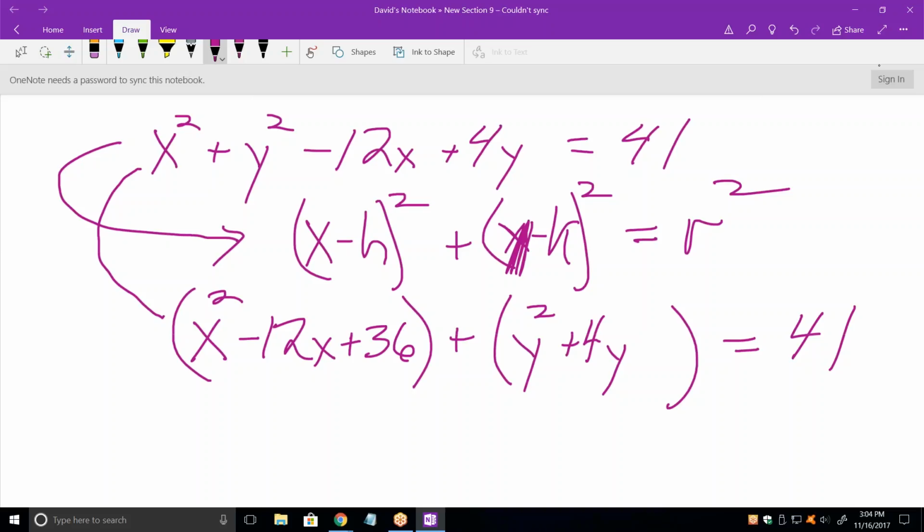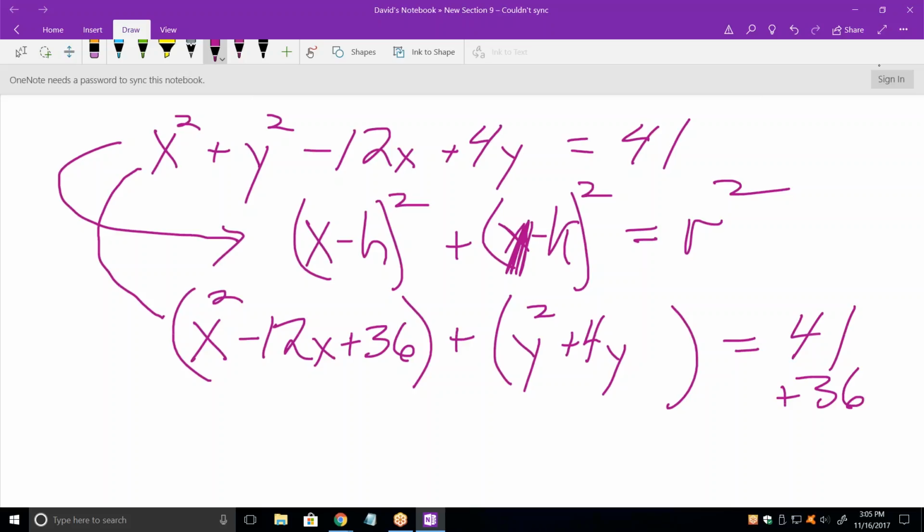Because I just changed the left side. Same thing, I've got to add 36. So what I just did was add 36 to the left side and add 36 to the right side. So I still haven't changed the original equation.